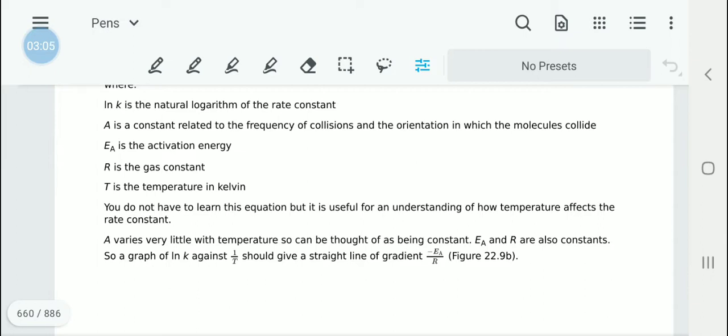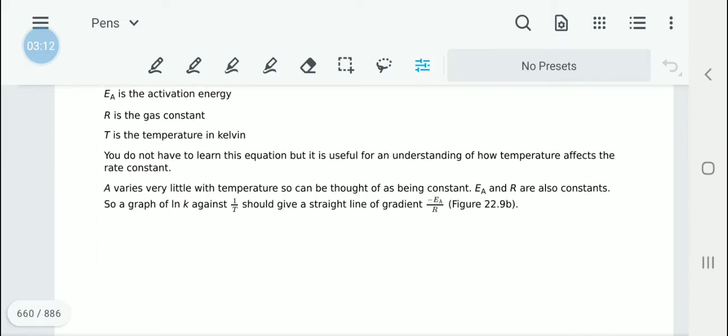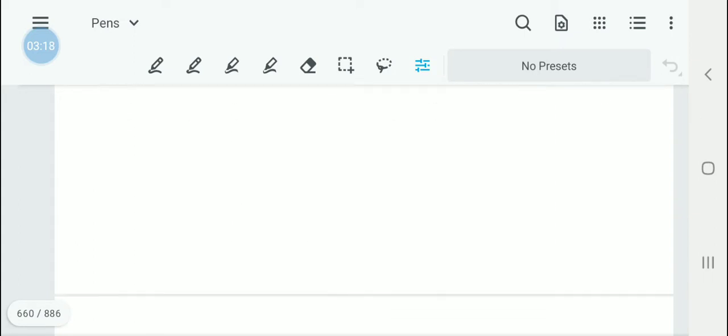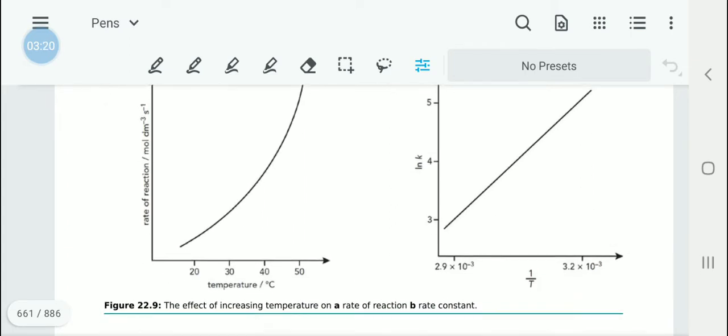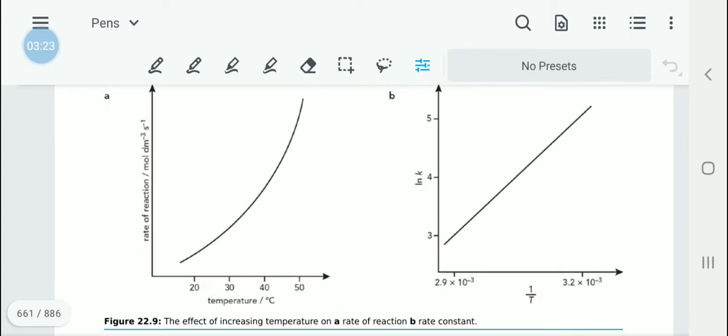You know that. So the graph of natural logarithm of k against 1 upon T would give a straight line of gradient negative Ea upon R. This is something that you have to understand from this figure. So the first graph shows that the rate of the reaction increases with temperature.